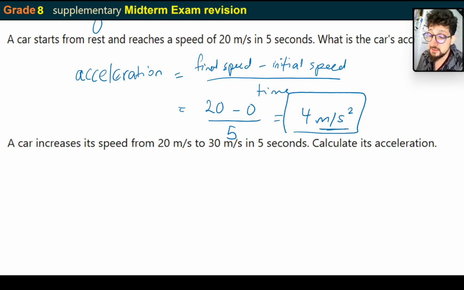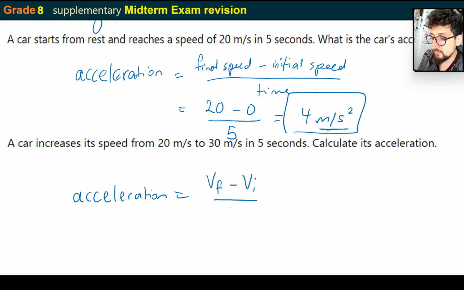A car increases its speed from 20 meters per second to 30 meters per second in 5 seconds. Calculate its acceleration. So once again, acceleration equals change in speed, or change in velocity, over time. Some of my students would have seen me write it with symbols, and that's perfectly fine. That just means final speed, initial speed, and time.